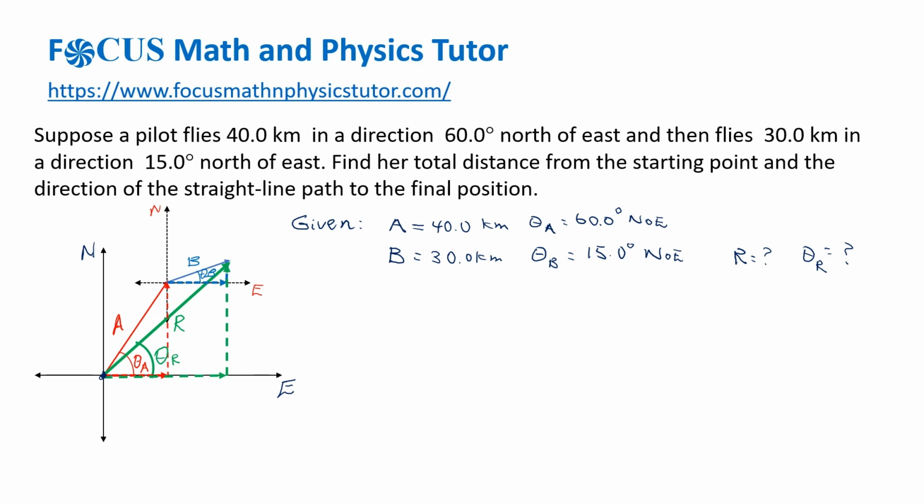To do that, we have to find the components of each vector in the east direction and north direction. So what do we have for that? Let's take A sub x or A sub e.